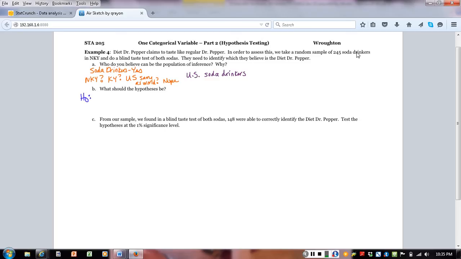So our null hypothesis is their claim. They can't tell the difference. And then the alternative hypothesis would be that they can tell the difference.